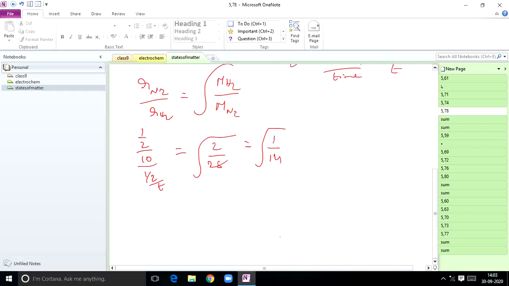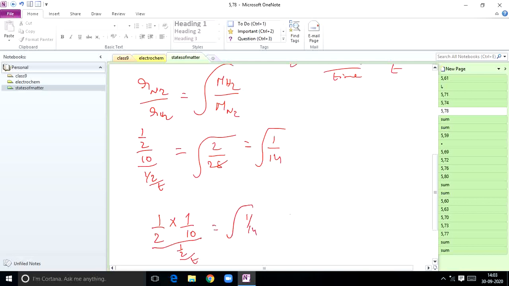So you should do this: 1/2 into 1/10, divided by 1/2 by T, is equal to square root of 1 by 14.